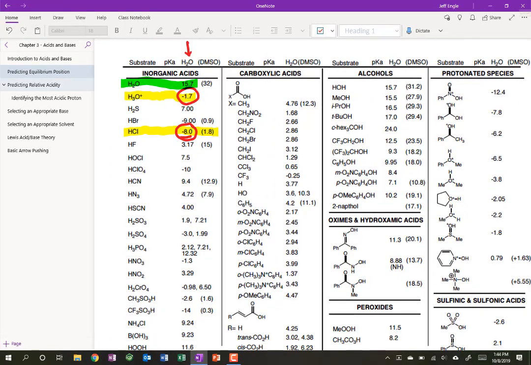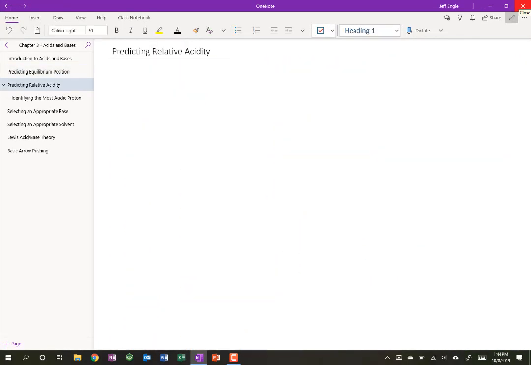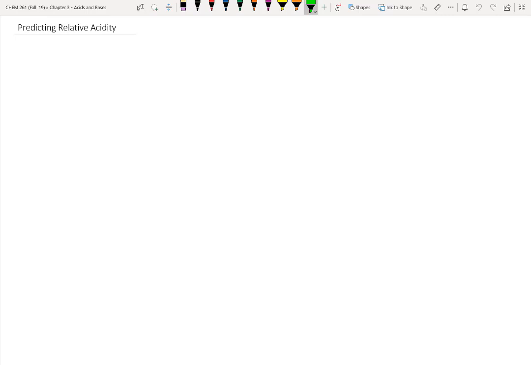So now we can predict equilibrium positions, but let's say we don't have a pKa table and we just have to go on our gut instincts. Then we need to predict relative acidity all on our own without a table. So let's make some notes.